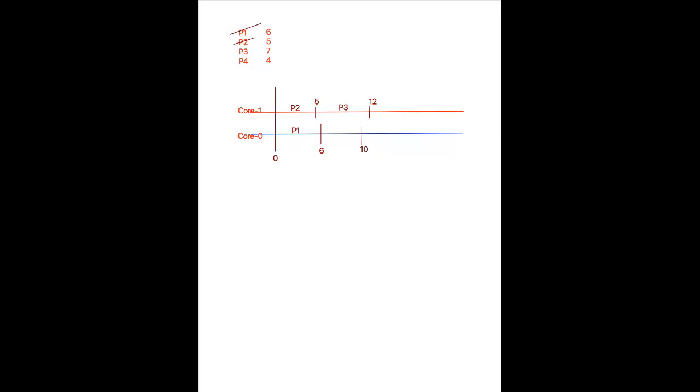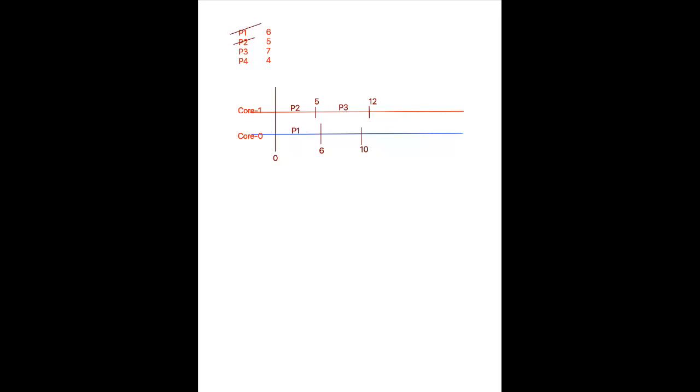Now you need to compare this with single core. In single core, the overall time we required was 22 units. So you imagine that as a turnaround time, right? Here, see, at time unit 12, everything is finished. That is one thing. Next thing is the waiting time.